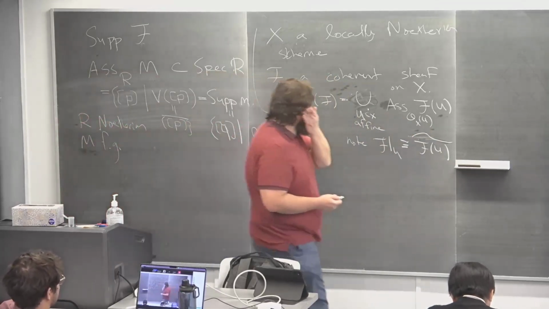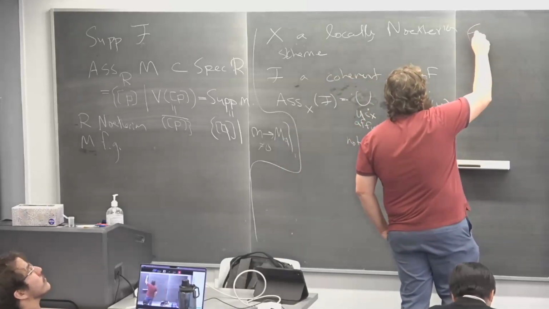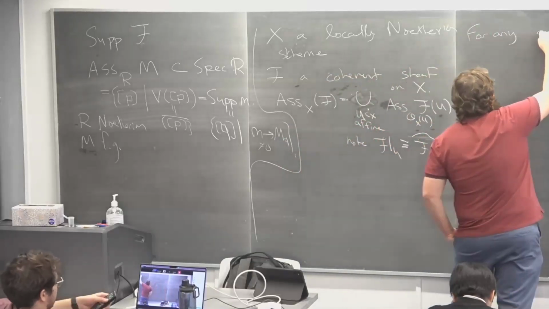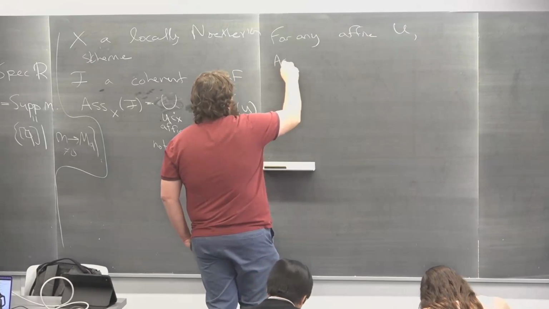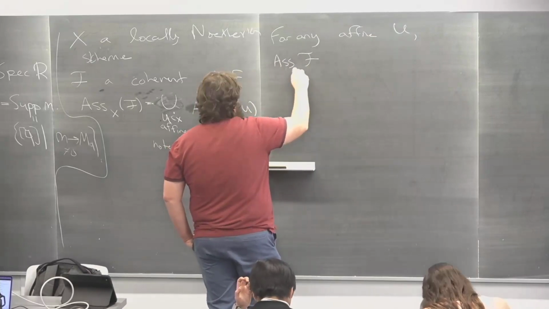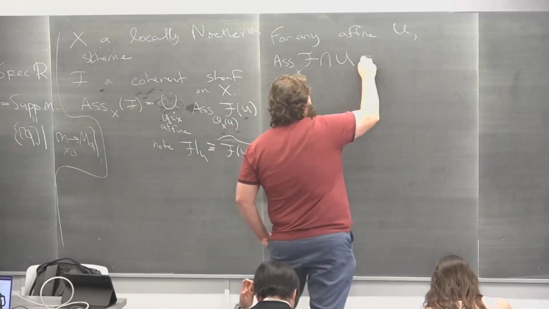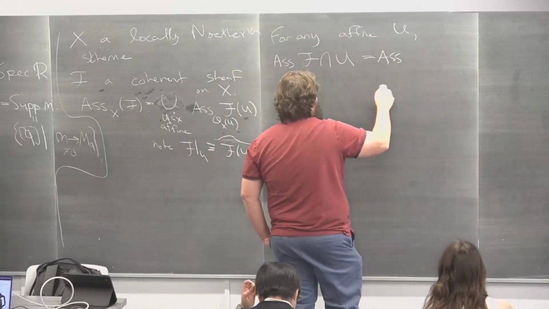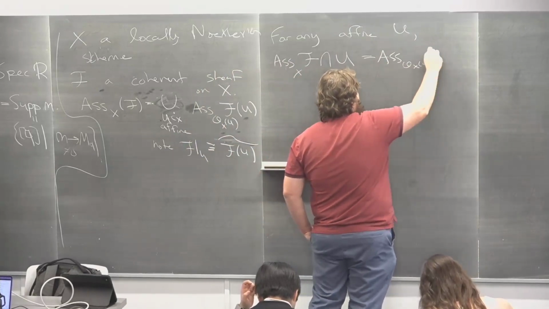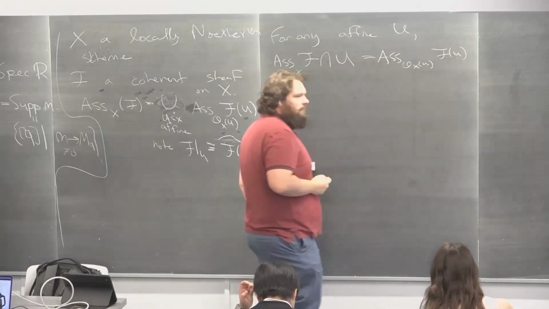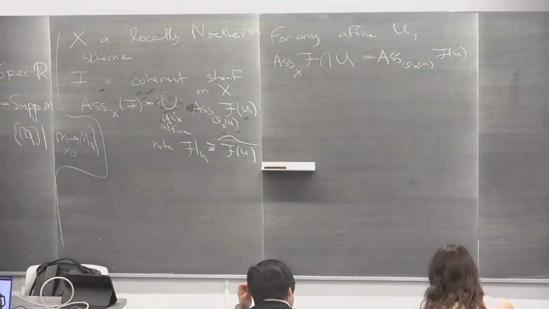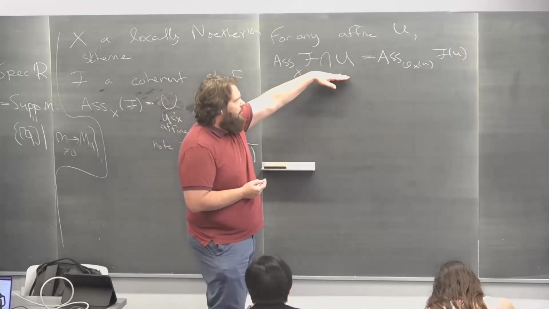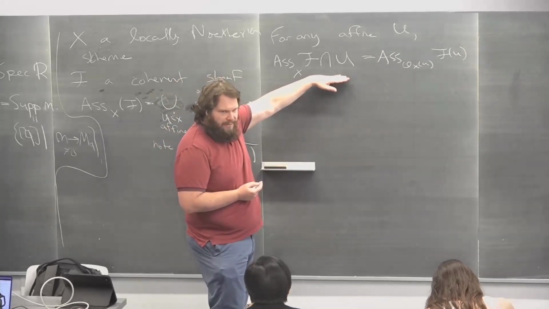All right, and you can check that for any affine subscheme, taking the associated points of F and intersecting that with U exactly gives me the associated primes of this module. I don't think this is quite literally the affine communication lemma, but it's the same idea: you prove this is true when you have a distinguished affine open inside an affine.